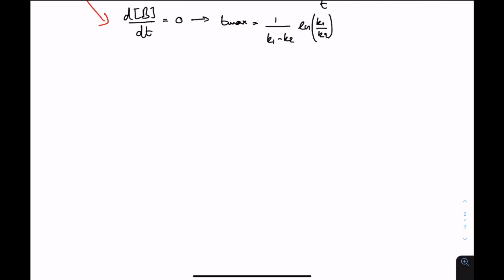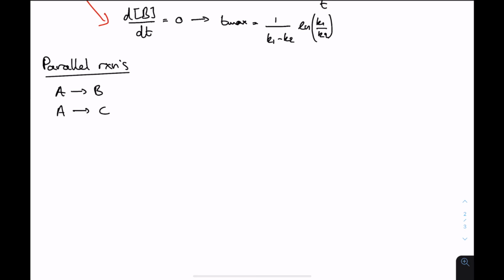So let's continue with parallel reactions. Okay, so let's say we have A that goes to B, and A can also go to C, with K1, K2.